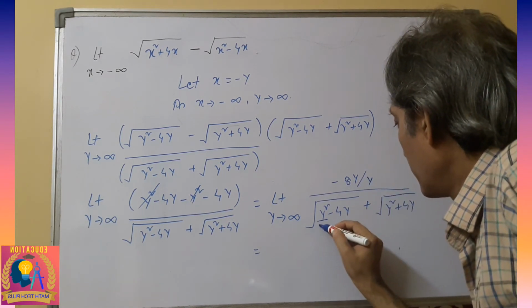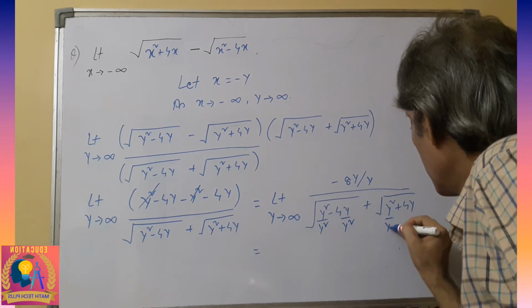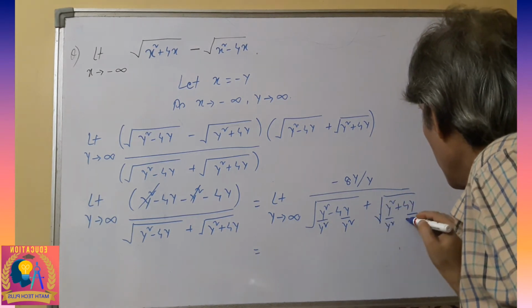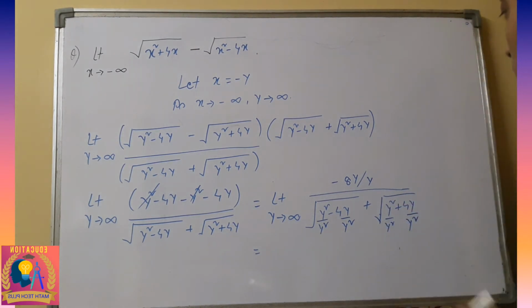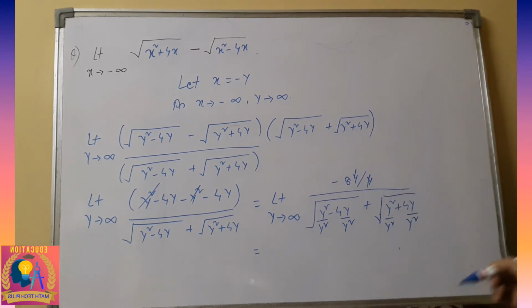Upon y, here it will become y square y square. This y gets cancelled out.